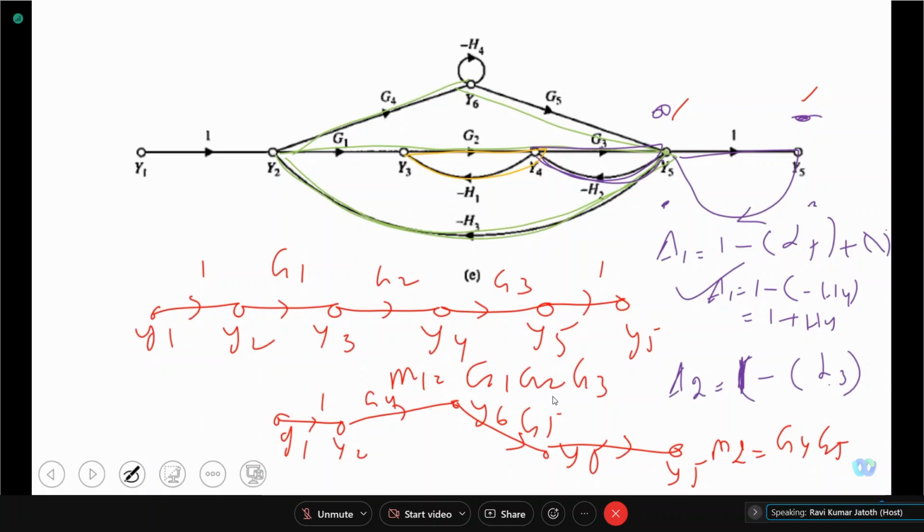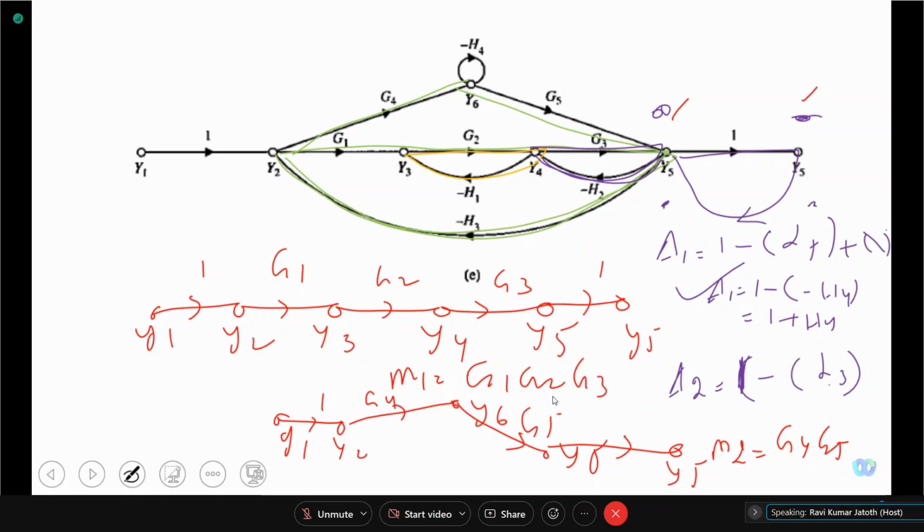Yes, sir. So two forward paths are there, correct? Y2, y3, y4 and y2, y6, y5, y4. All right.